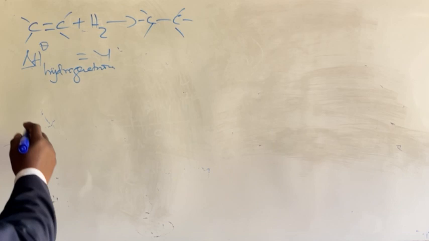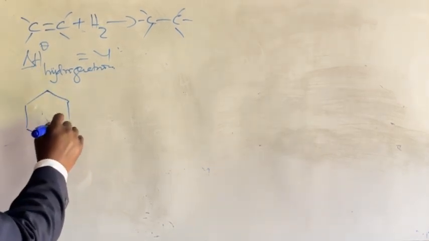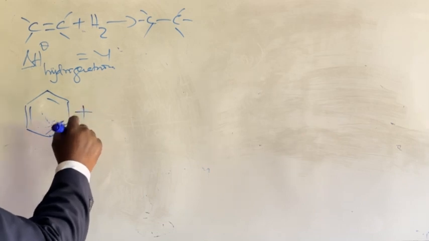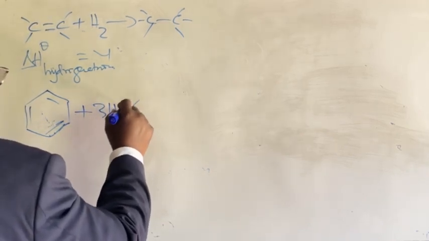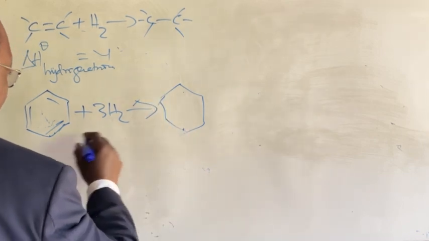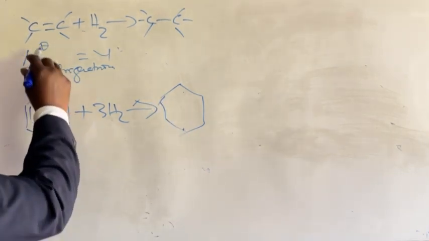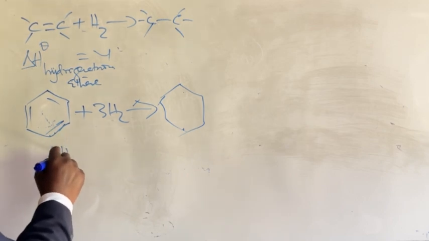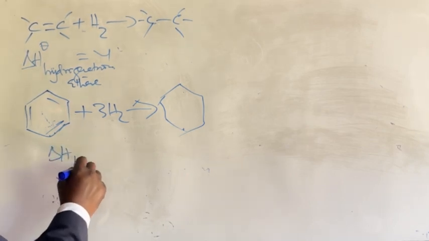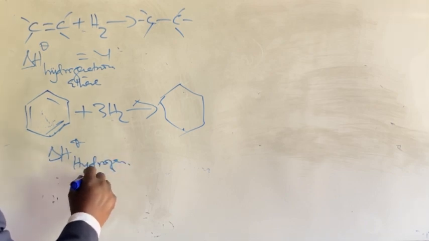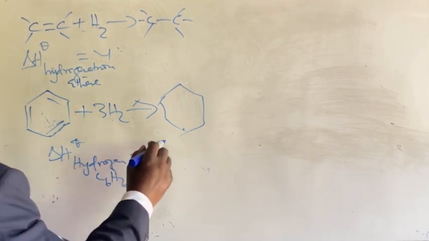Another hydrogenation can be that of benzene, which you are familiar with. You can have benzene hydrogenated to form cyclohexane, and so forth. Again, that's still the enthalpy of hydrogenation. This one is of ethene, this one is of benzene, and so forth.